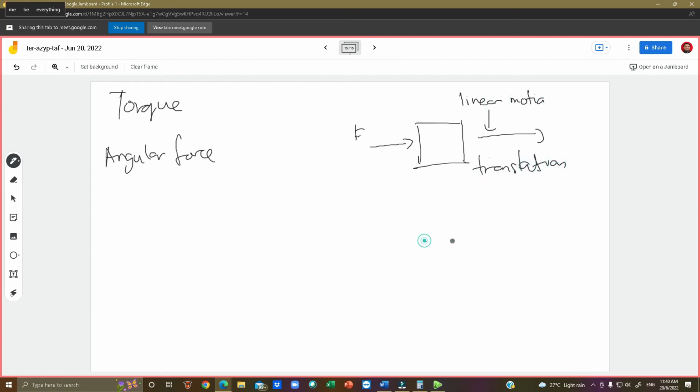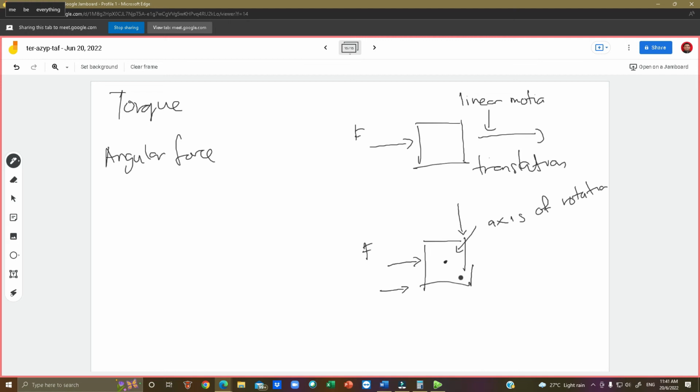Okay, but when we have a force, when we have an object and this object has an axis of rotation, kita tahu dia takkan bergerak ke depan dah. Axis of rotation. Okay, if we inflict force in the same line of the axis of rotation, nothing is going to happen. But if we inflict force here, if we inflict force there, okay, this is a torque.